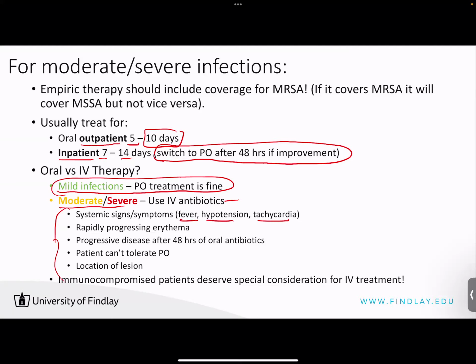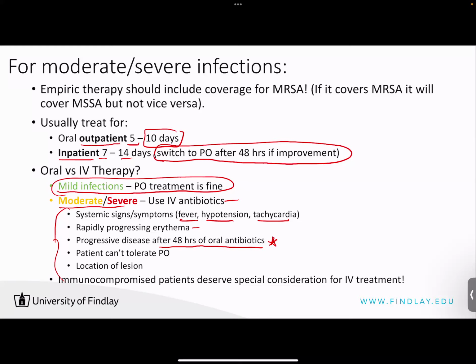We've talked about the criteria. Rapidly progressing erythema, right? Rapid. It was 4 centimeters, then it went to 6 centimeters, and now it's up to 8 centimeters. So it just spread very, very rapidly over the course of a day or two. Progressive disease after 48 hours of oral antibiotics. All right.